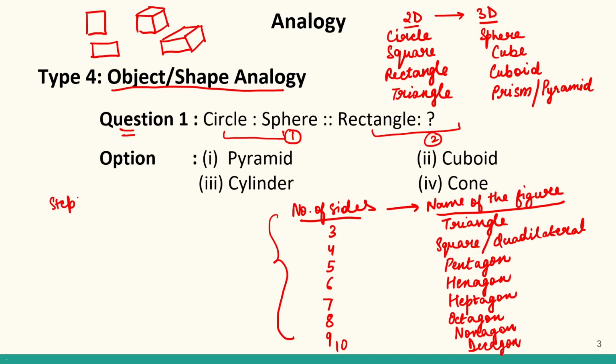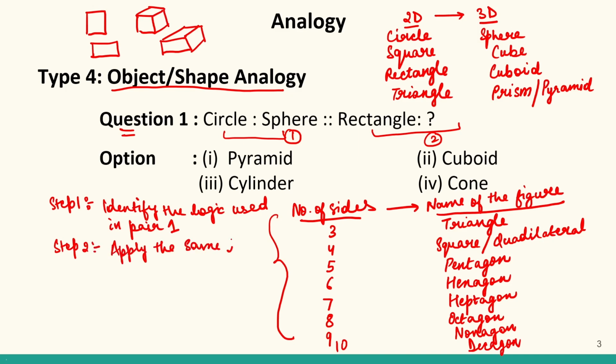Step 1 was to identify the pattern, identify the logic used in pair 1, and step 2 was apply the same logic on pair 2. So in these 2 steps, we can solve any question relating to analogies.